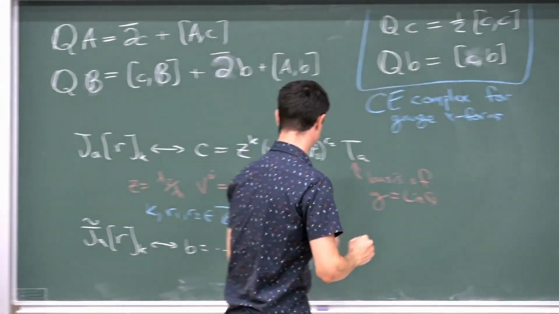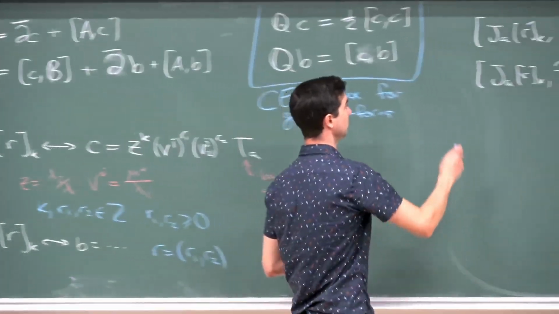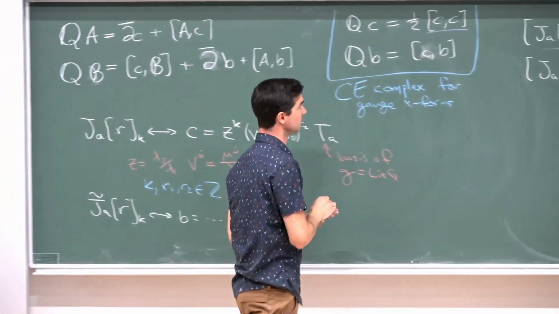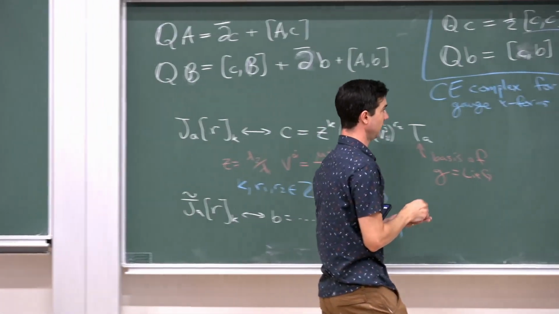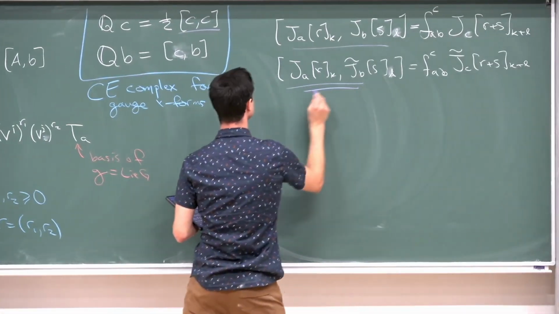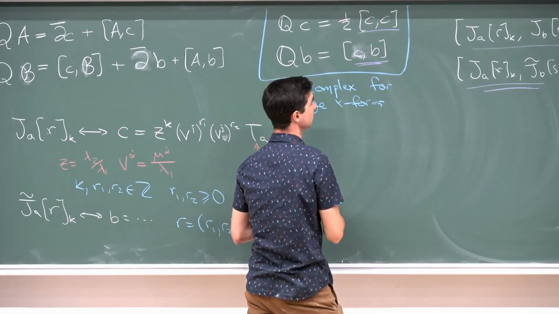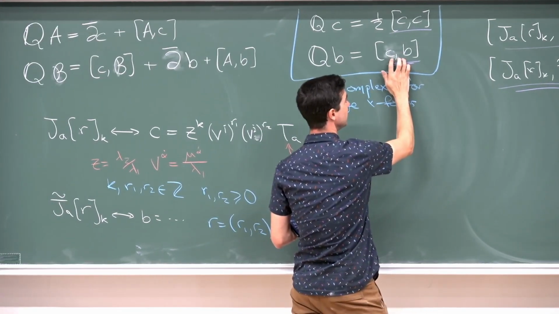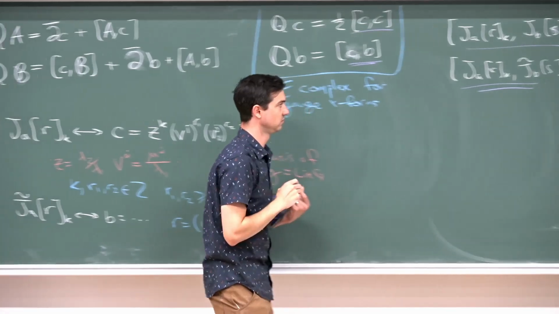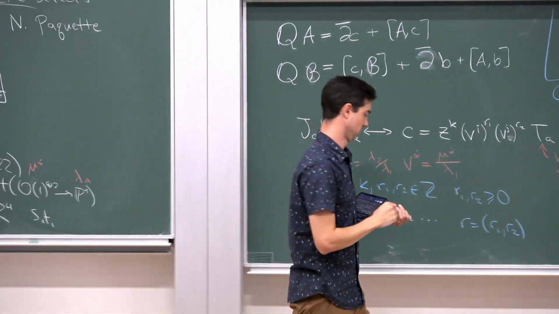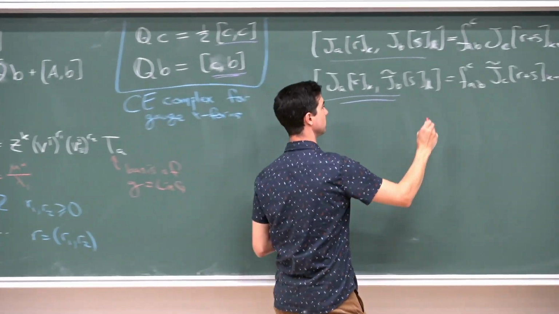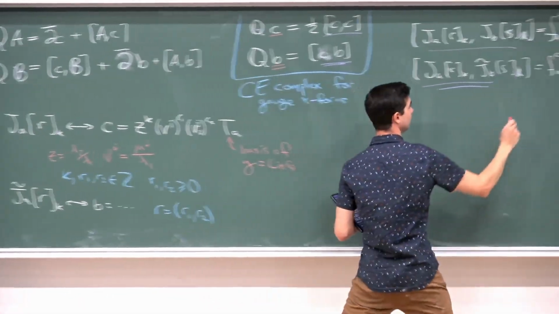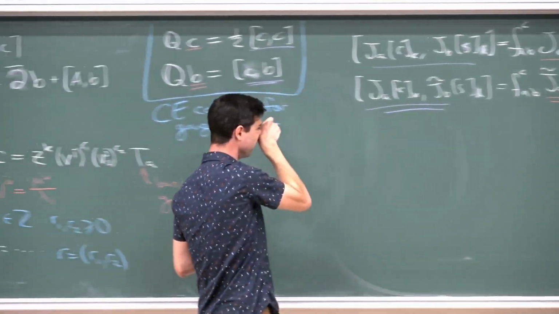Just for those who like pattern matching, this bracket is encoded in this term in the differential, and this bracket is encoded in this term of the differential. Two C's correspond to two J's. B and a C correspond to two J tildes. The right-hand sides, this corresponds to this guy here, and this guy corresponds to that guy there.